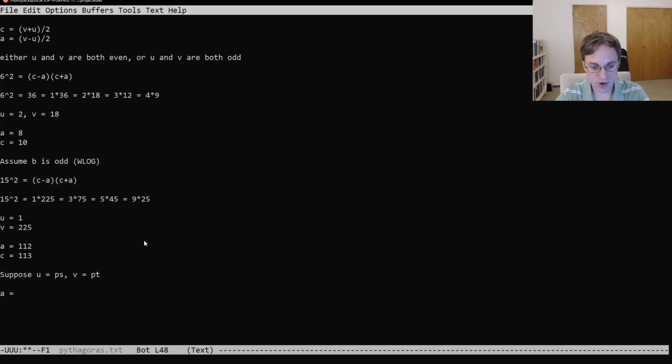So we'll have a is equal to (v minus u) over 2, which is equal to (p^t minus p^s) over 2, and you'll see that we can factor out this p here. And likewise, c is equal to (v plus u) over 2, which is equal to p times (p^(t-1) plus p^(s-1)) over 2.